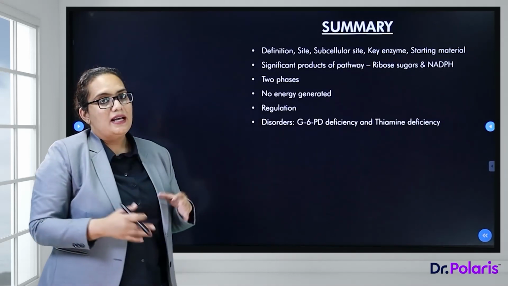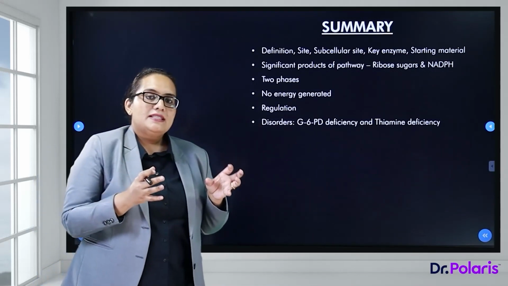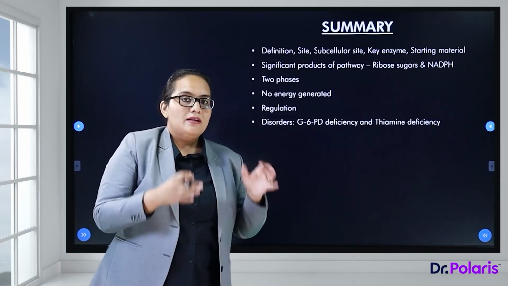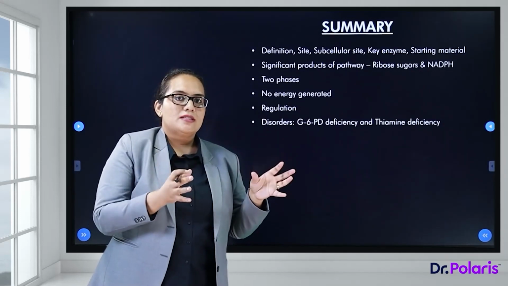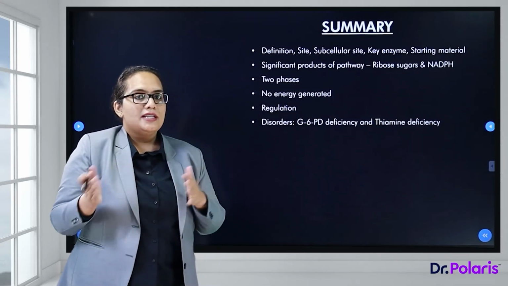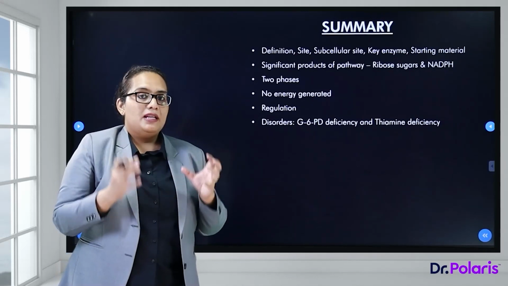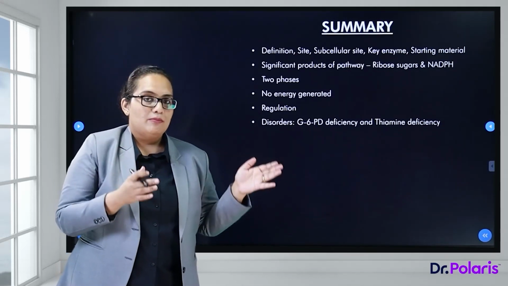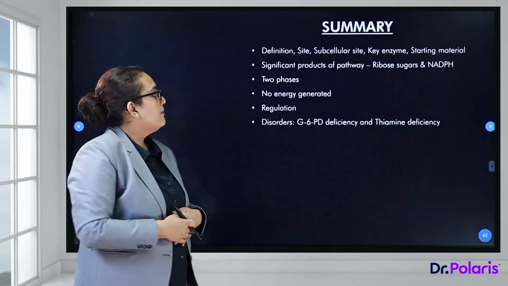Two phases are there, the oxidative phase and the non-oxidative phase. The oxidative phase is an irreversible set of reactions, and its main aim is the generation of NADPH. Whereas the non-oxidative phase mainly comprises reversible steps, and the main aim here is the formation of ribose sugar, that is a pentose sugar, or the hexose monophosphate.